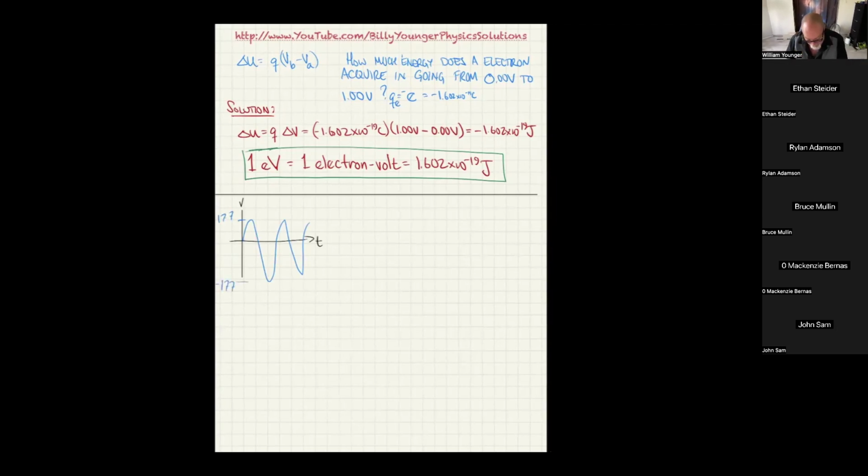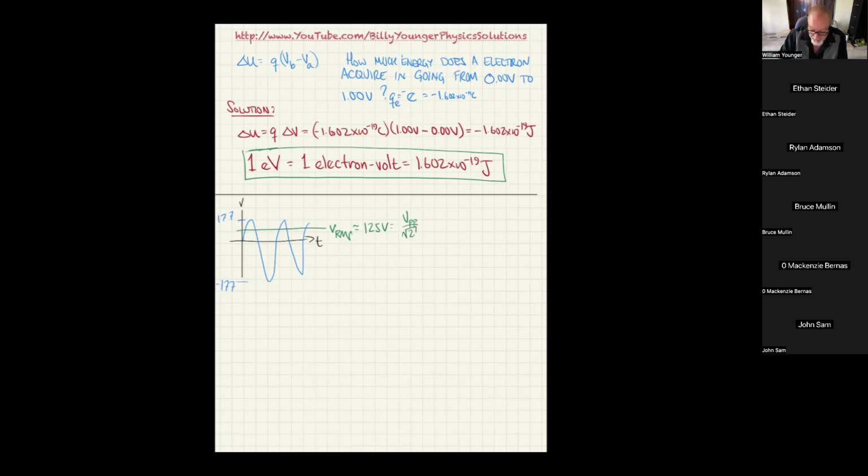Now, I didn't draw that to scale like I should have. The t-axis is too high, but that's really what we're talking about in terms of what AC voltage is. And the root mean square voltage is on the order of 125 volts, which is the peak voltage divided by the square root of 2.